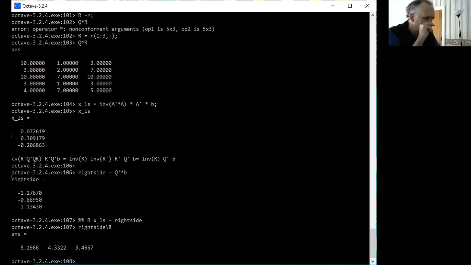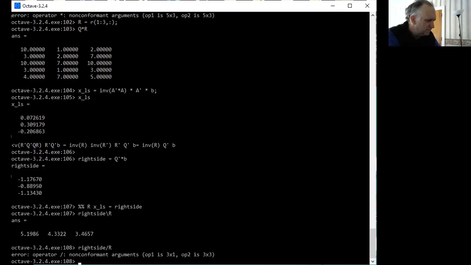Wait a second, what did I do? XLS. Oh, I didn't put the right side. Sorry. R XLS equals right side. What did I do? Q transpose B, the right side.